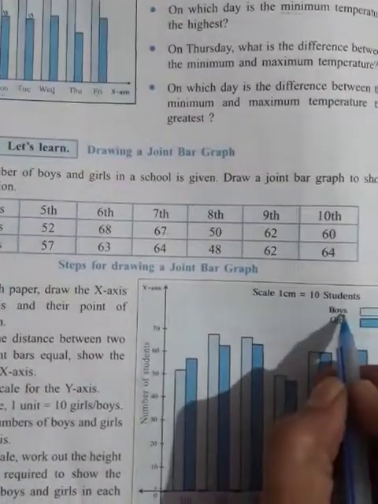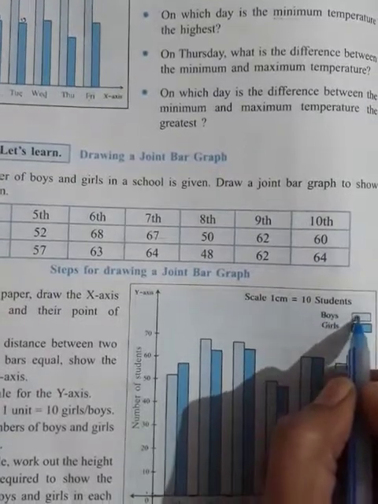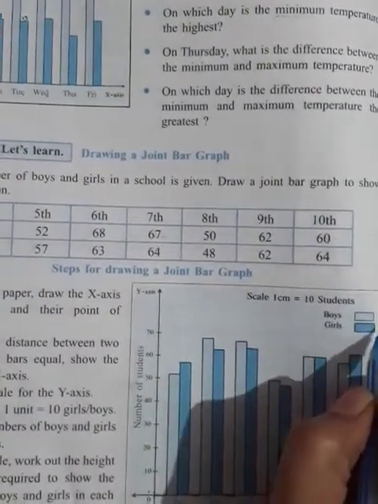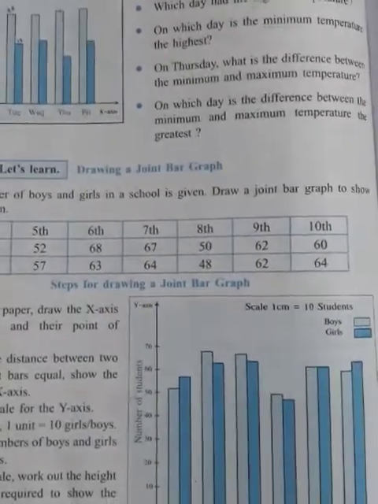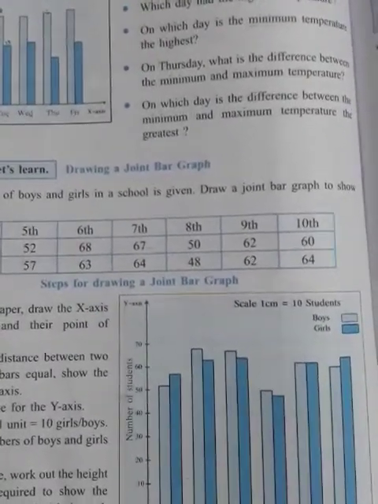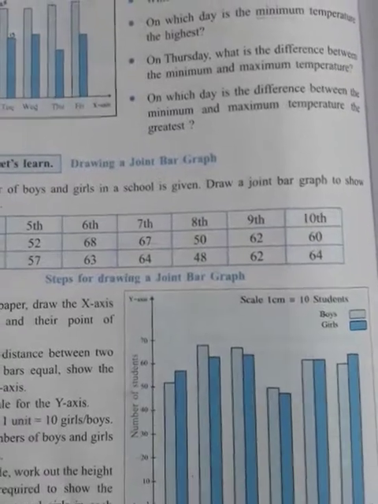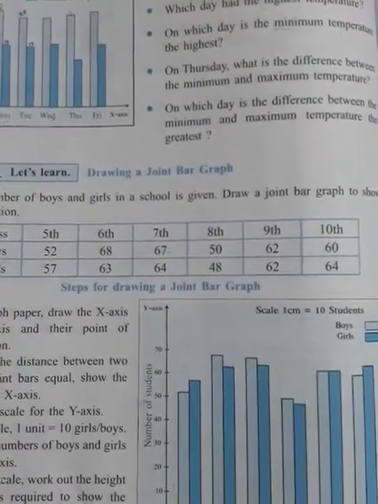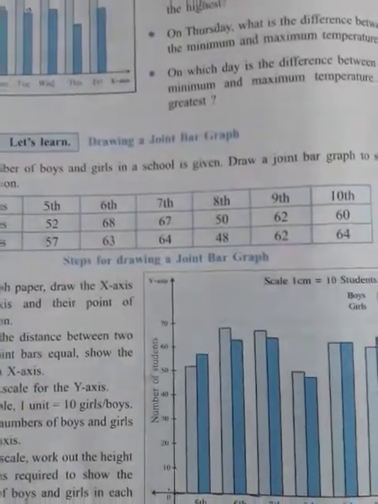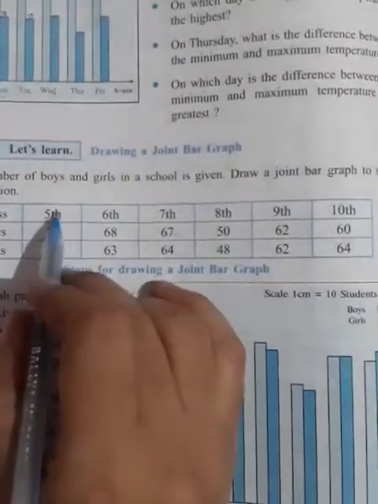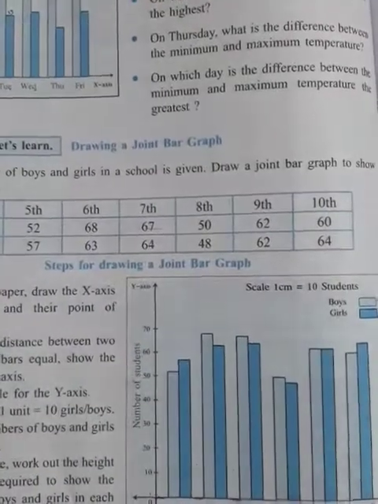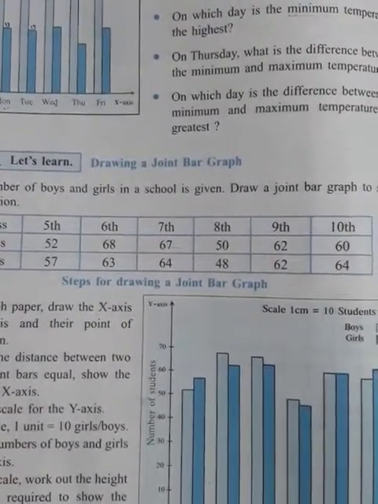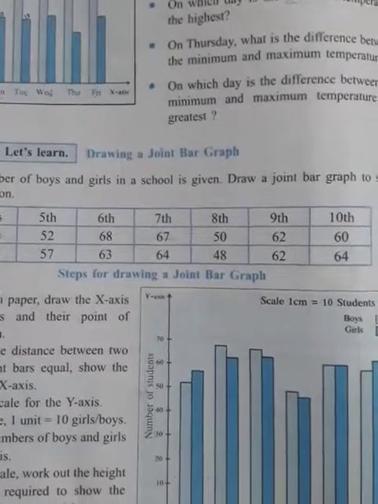Here they denote boys by this faint blue and girls by dark blue. Okay, now using the scale, work out the height of columns required to show the numbers of boys and girls in each class. On the x-axis we have taken the classes, so first we draw for fifth.